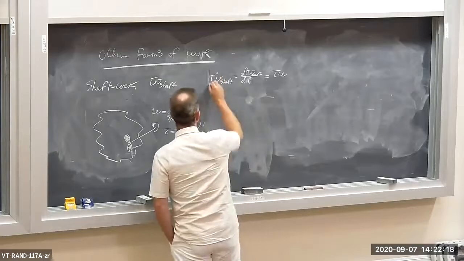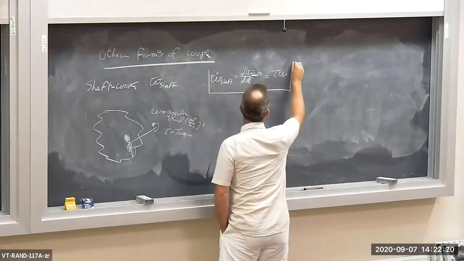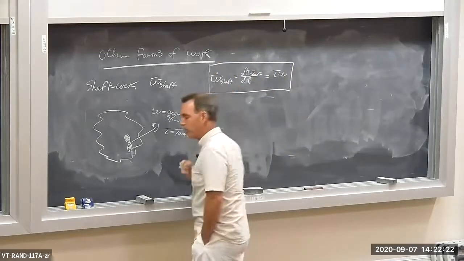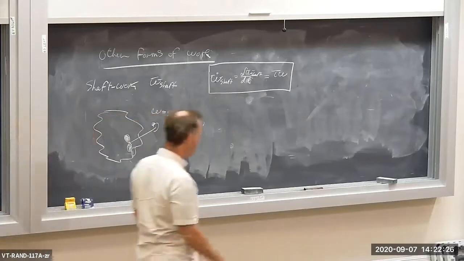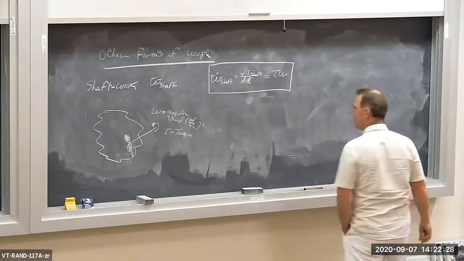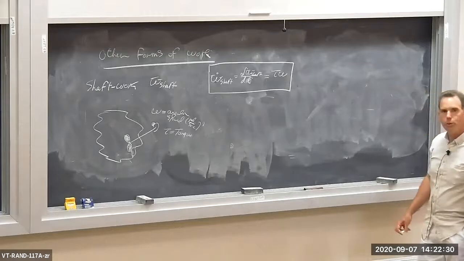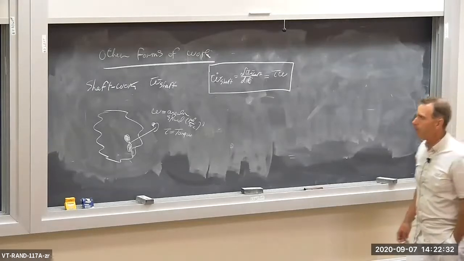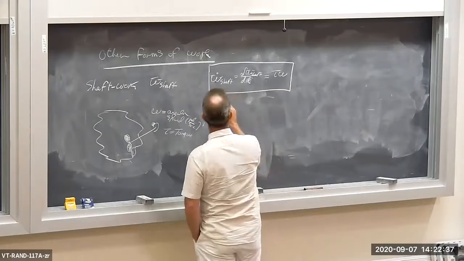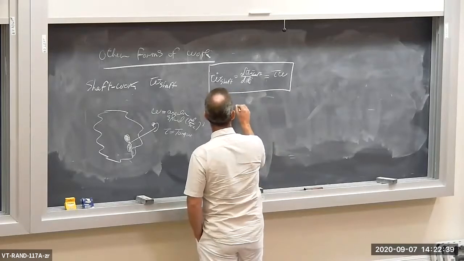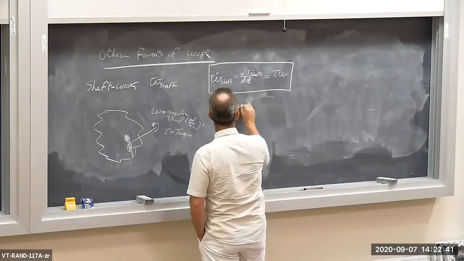So the shaft power, or shaft work per unit time, done by the system, is equal to the torque times the angular velocity. And you can see that, so torque times angular velocity, let's look at the units here.